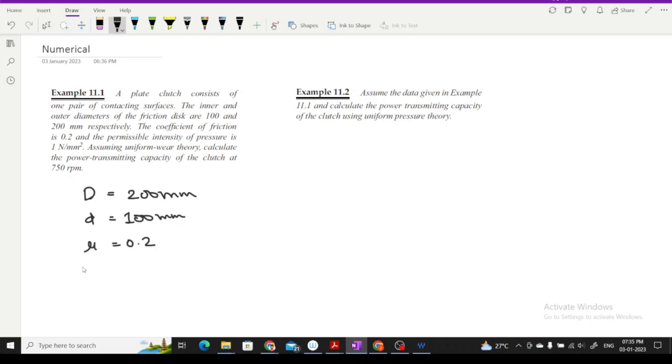Permissible intensity of pressure means the maximum pressure PA, which is 1 Newton per mm square, and the speed is 750 rpm. Now can you try this? First you need to consider uniform wear theory.